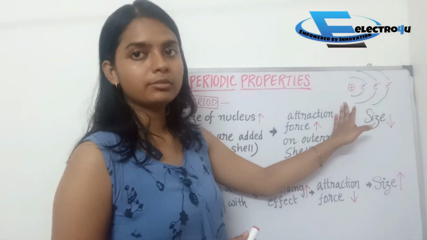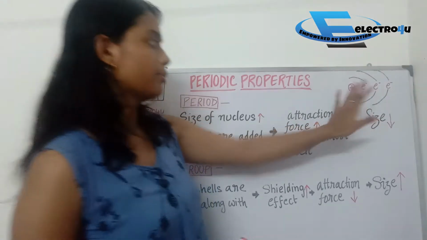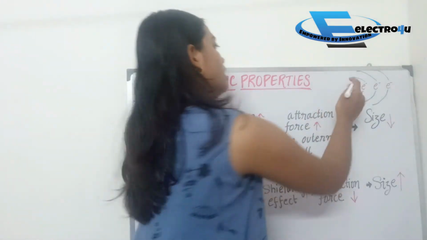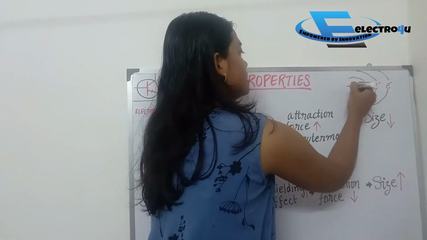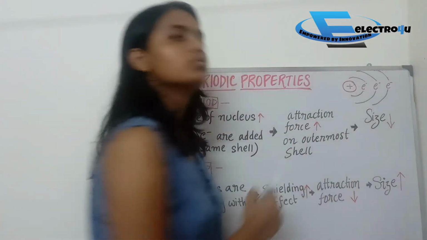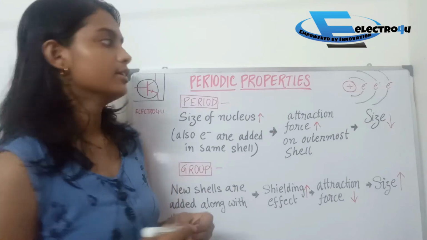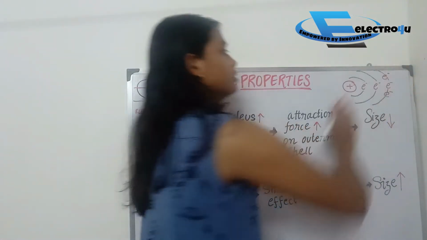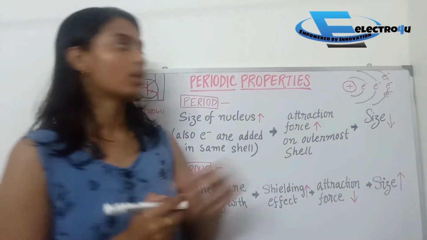Now let us see this example. Here in this atom, as we can see, along the period, the size of the nucleus gets increased. That means the attraction force of the nucleus will also get increased, and the electrons are added in the same outermost shell.